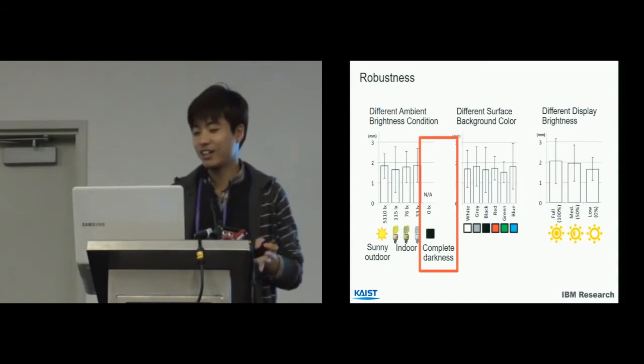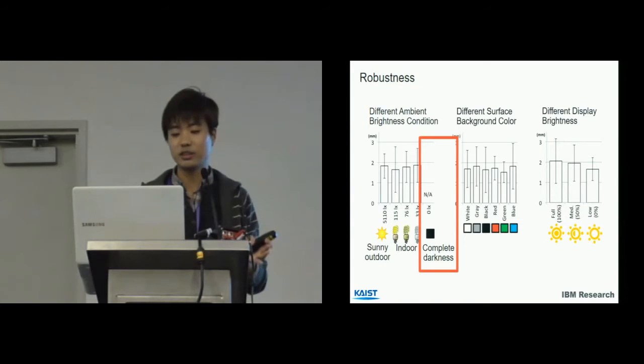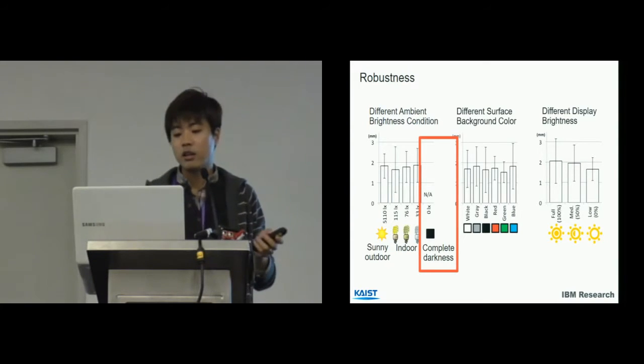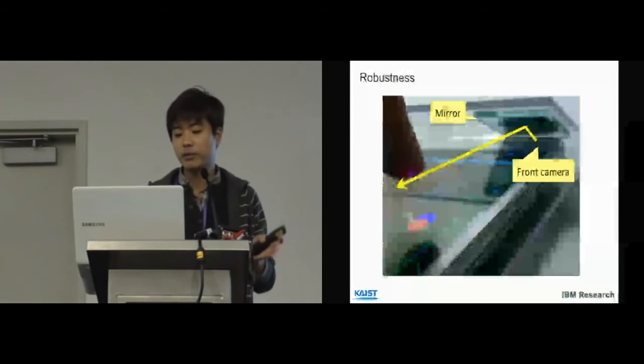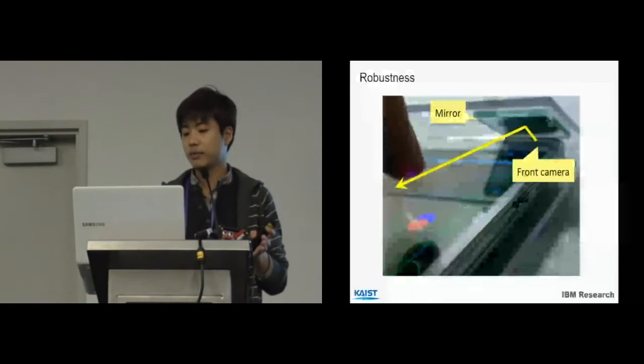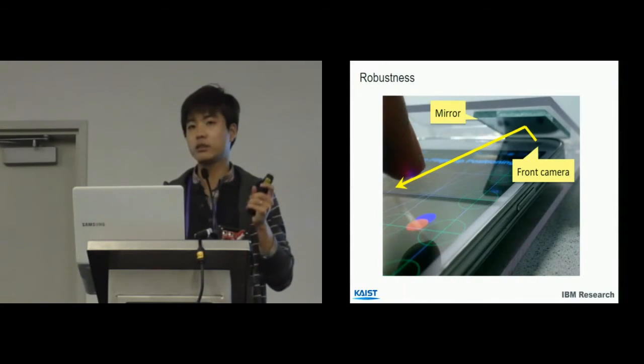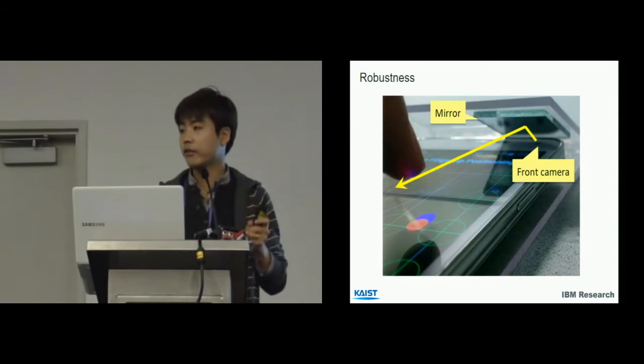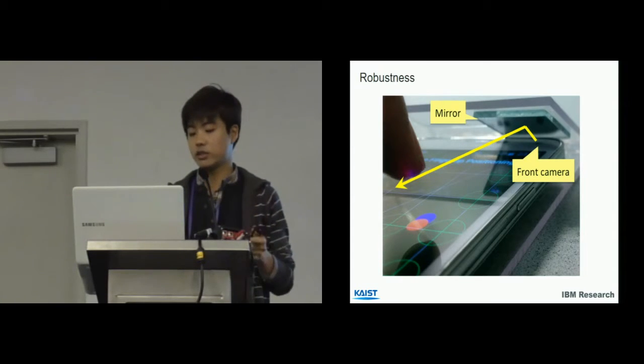SymmetriSense doesn't work in the complete darkness case because a commodity camera of a smartphone cannot capture anything in complete darkness. Note that we performed the robustness experiment on the 5-inch smartphone screen because the small screen is easily movable to various places for the experiment under various ambient brightness conditions.